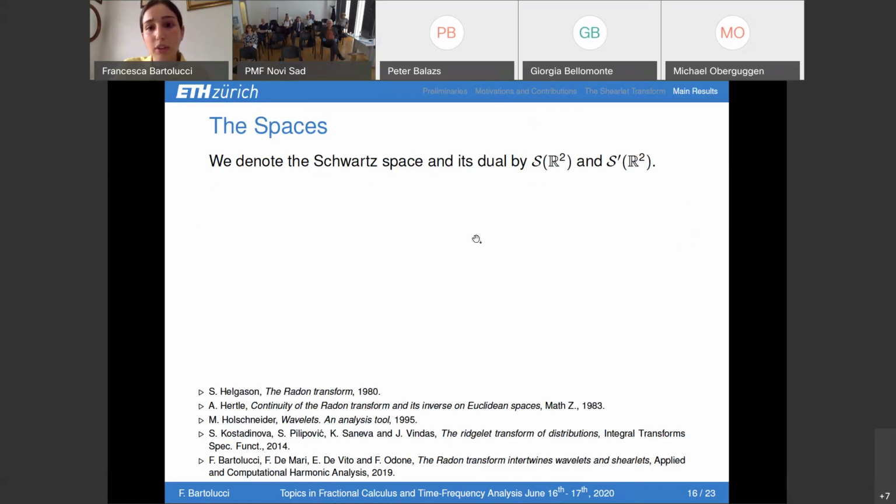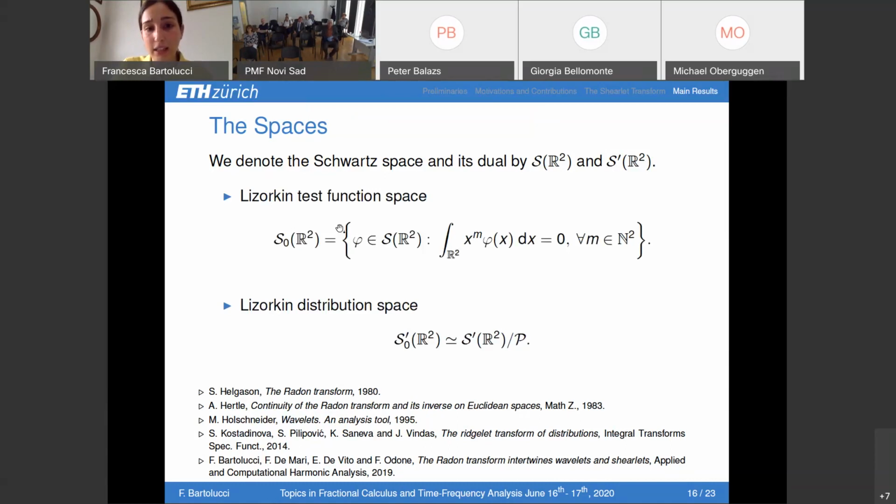We denote by S(R^2) the Schwartz space, and by S' its topological dual. And we denote by S_0 the space of Lizorkin test functions, which is the set of Schwartz functions with all vanishing moments.